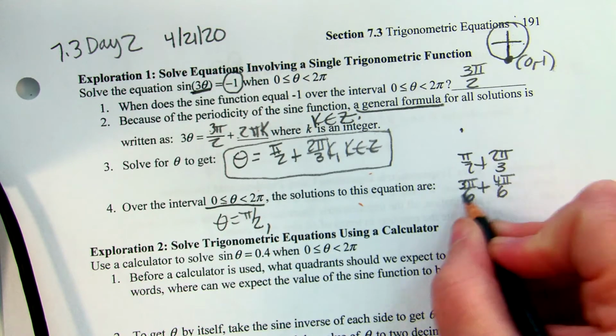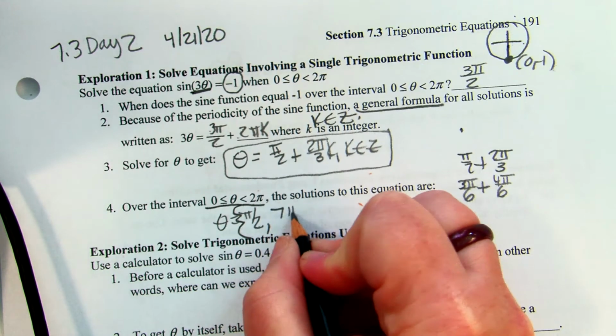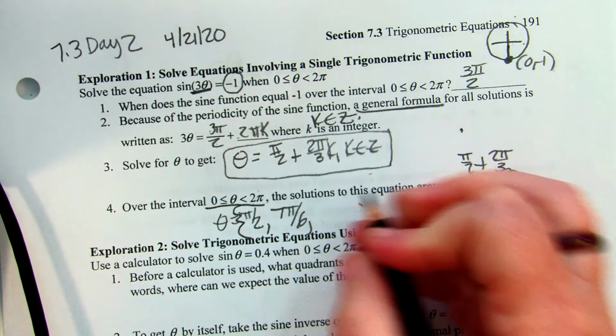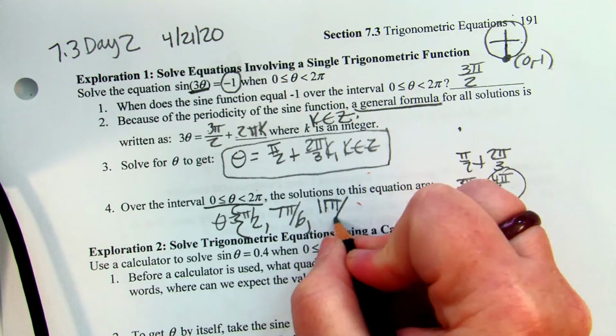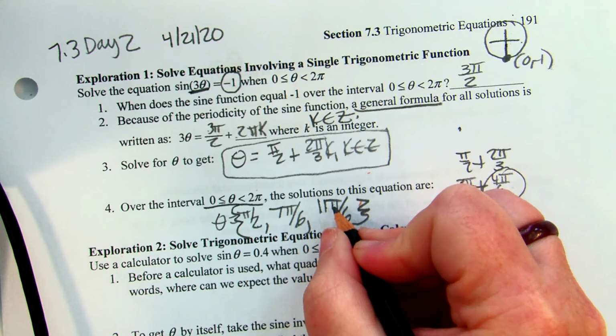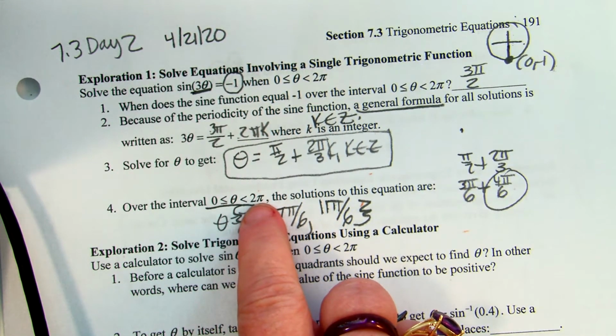When you add them together, you get 7 pi over 6. Then you add another 4 pi over 6, you get 11 pi over 6. If you added another 4 pi over 6, you get 15 pi over 6, which is more than 2 pi.